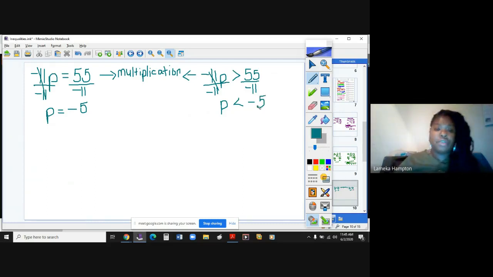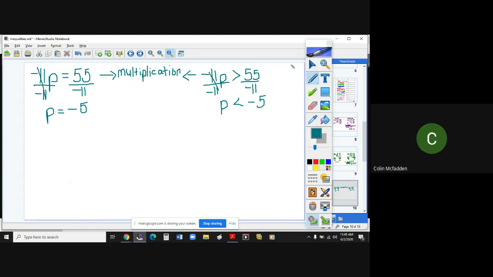All right. So again, I asked the question, did I do anything different from this equation to this inequality? Did I do anything different? How did you get -5?